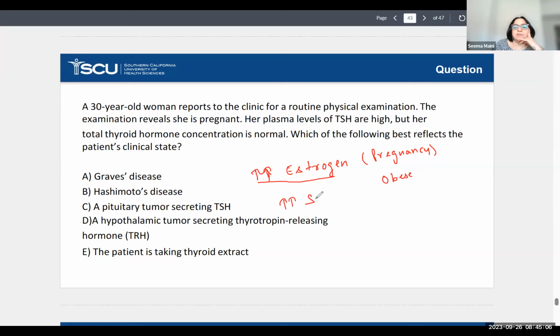So there is pregnancy, increased levels of thyroid binding globulin, deficiency of free T3, T4, loss of negative feedback inhibition, increased level of TSH.